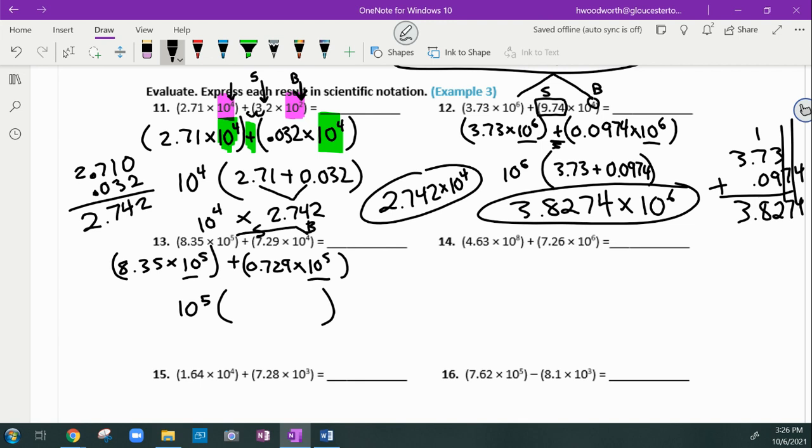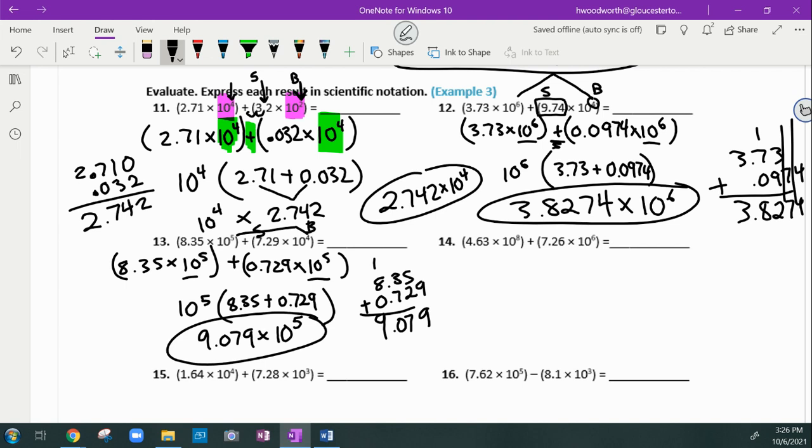And now I have to add up the 8.35 plus the 0.729. And 8.35 plus 0.729 gives me 9.079, carry the 1. So I get 9.079 times 10 to the 5th.